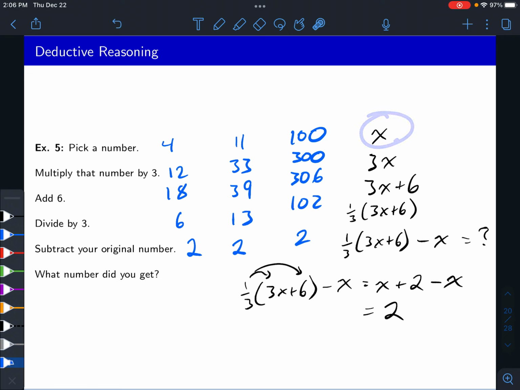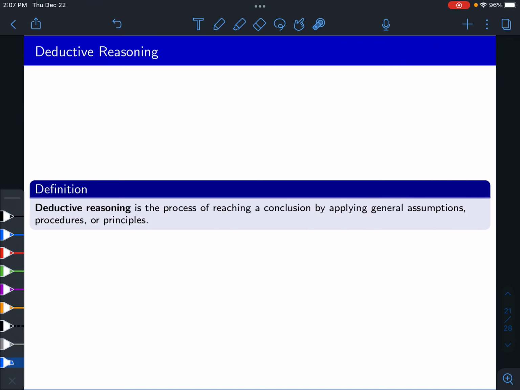And if you apply this procedure to this number x, no matter what x is, this could be 2.57 or something like that, you're still going to end up at the number 2 at the end regardless. Okay, so we're reaching a conclusion by applying general assumptions, procedures, or principles.